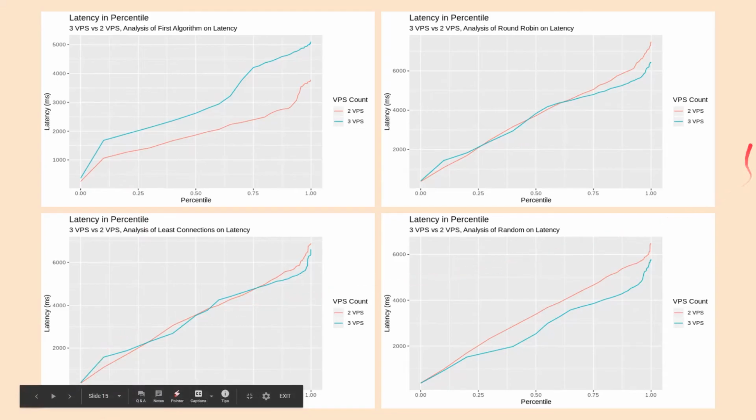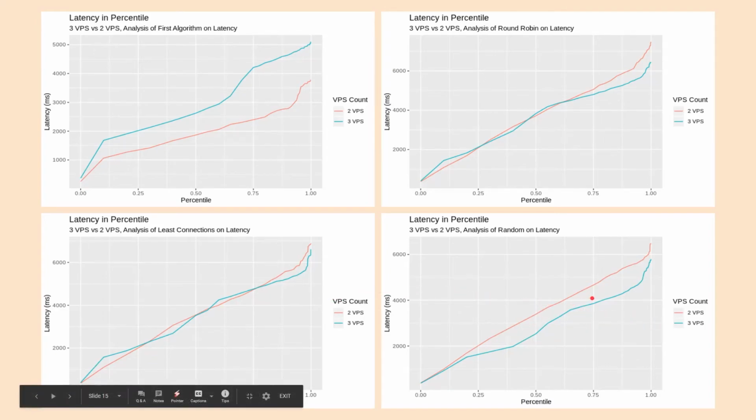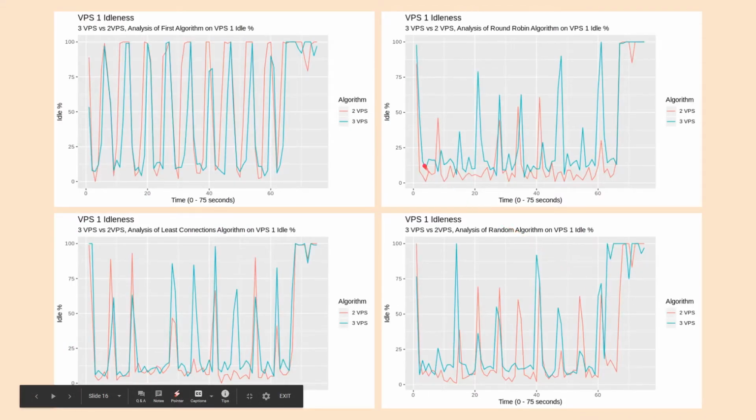But as expected, for the other 3 algorithms, it performs significantly better. Bring your attention to the 99th percentile on each of these 3, and we can see that it performs way better, and especially on the random VPS, it performs significantly better.